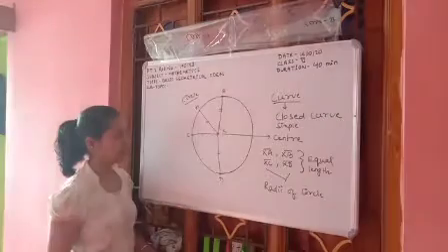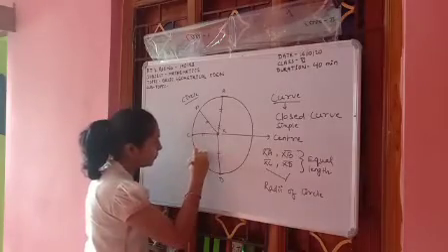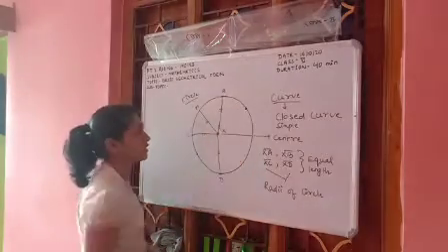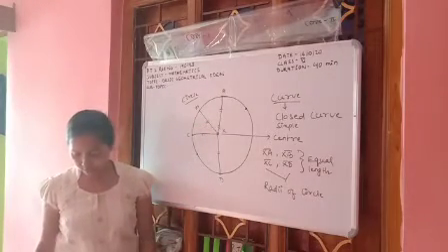Then draw a line segment by joining any 2 points of the circle.